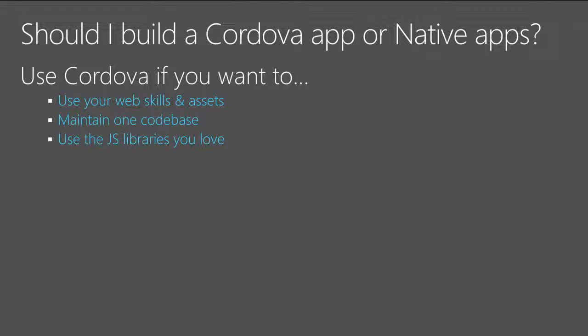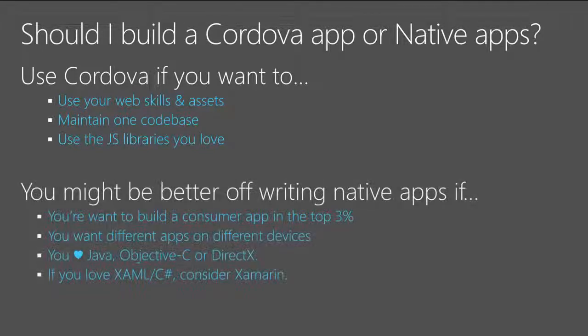Use Cordova if you've got JavaScript libraries that you love. It's not going to work in a Xamarin world or in a native world. If you're productive using Angular or React or Backbone or Knockout, or back in the day I used MooTools a lot, use those. Use Cordova.